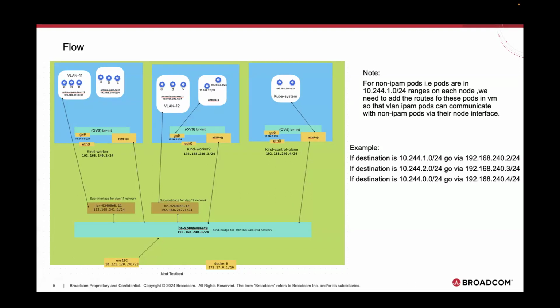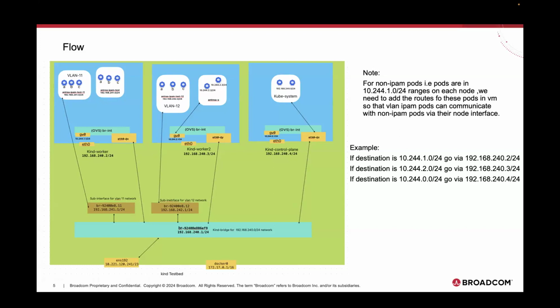I think if the destination is a port with VLAN, it doesn't go this route. It will go the default route that is not listed here, because the VLAN subnet is local to this bridge interface.